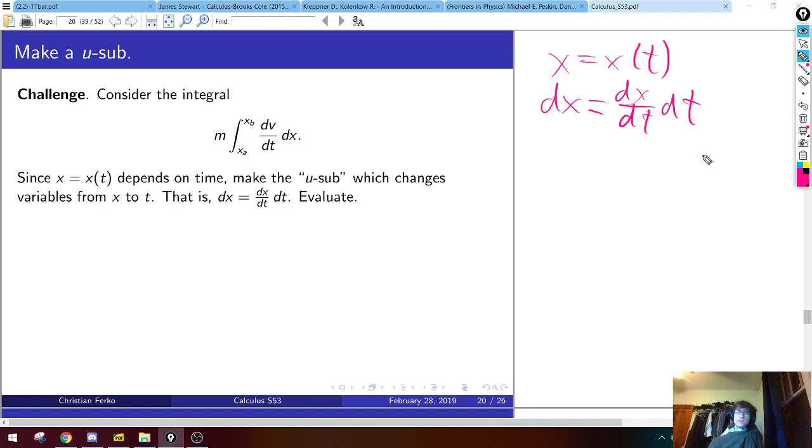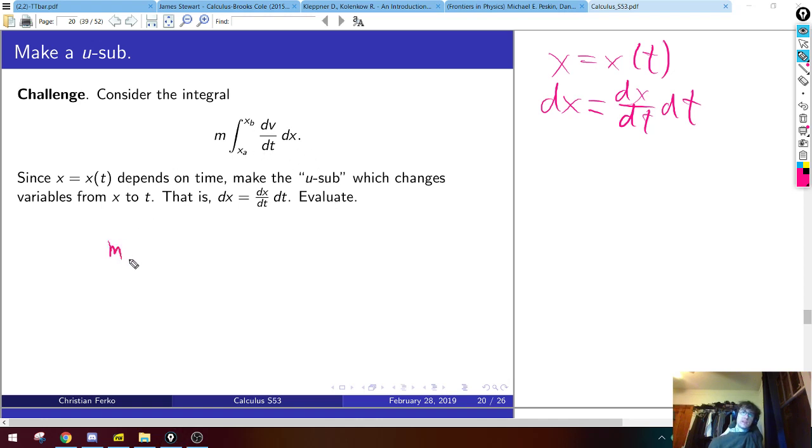So, okay, first of all, what do I do to get the u sub done? So you've given me x and dx. Okay, so let's see. There are no other occurrences of x in the integral already, so we simply have to substitute dx.